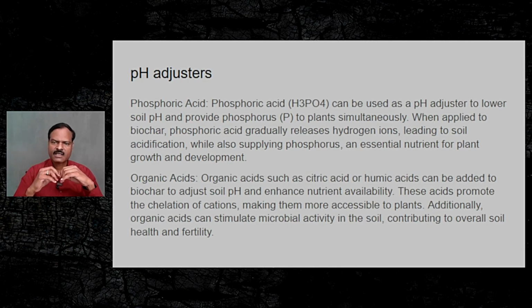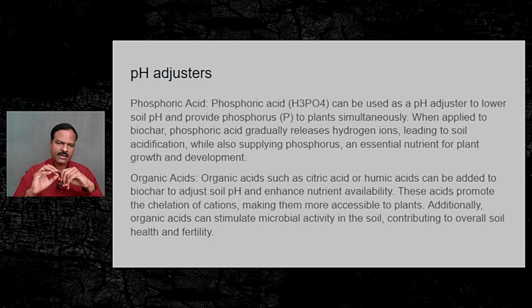Phosphoric acid can be used as a pH adjuster to lower soil pH and provide phosphorus to plants simultaneously. When applied to biochar, phosphoric acid gradually releases hydrogen ions, leading to soil acidification, while also supplying phosphorus, an essential nutrient for plant growth and development.